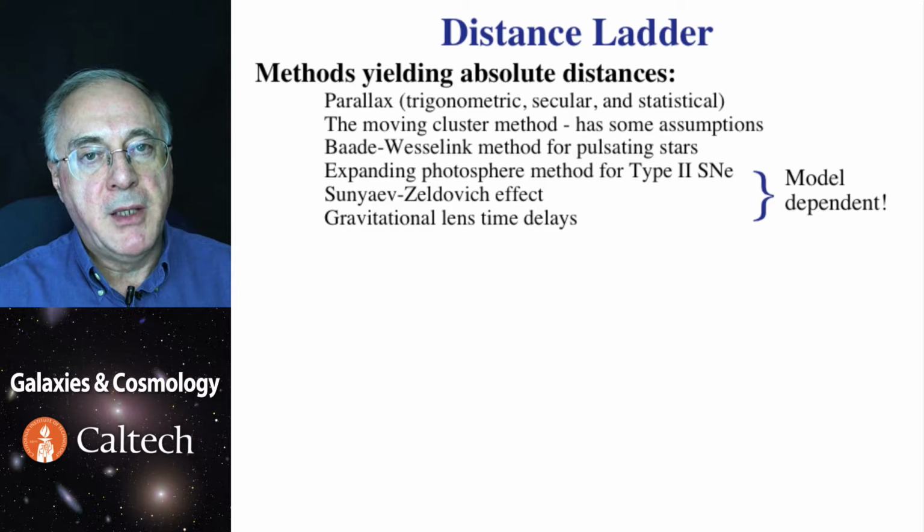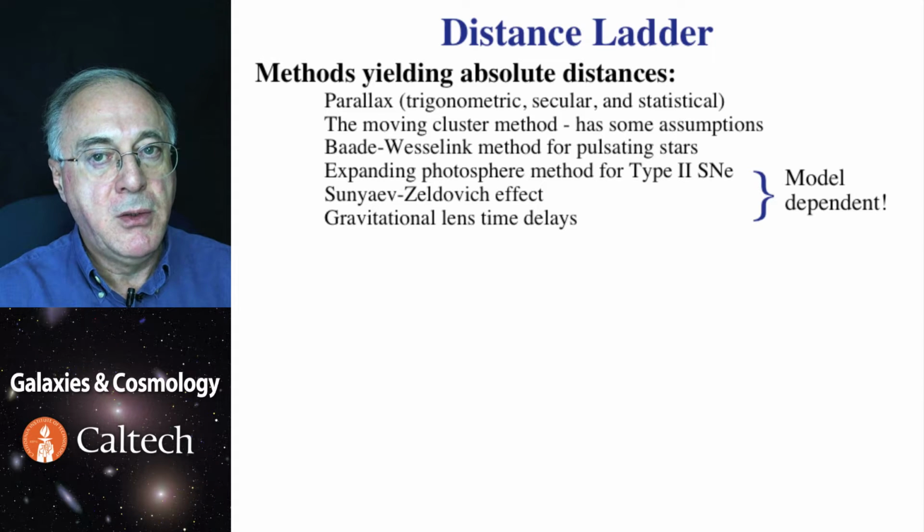There is the so-called Baade-Wesselink method that uses pulsating stars. That too makes assumptions about stellar atmospheres and things like that. Very similar to it is the so-called expanding photosphere method for supernovae. There one also has to make some non-trivial assumptions about the physics of what's really an exploding star.